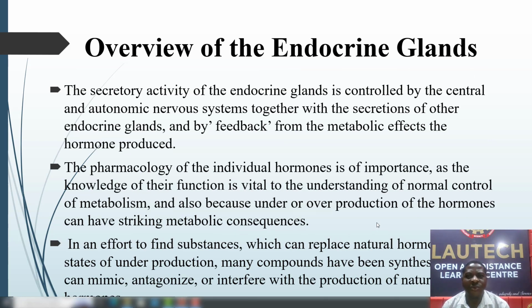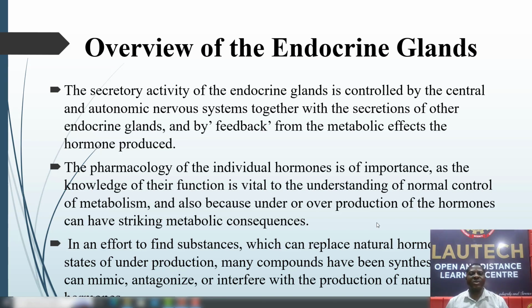Now, we want to have an overview of the endocrine glands. So the secretory activities, I will run through this because I know with our previous knowledge of anatomy and physiology, even with biochemistry, we understand better what we're saying. That will serve as a foundation to what we're about to learn today about the pharmacology of the endocrine.